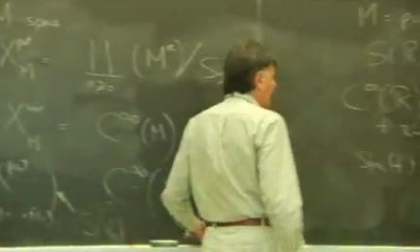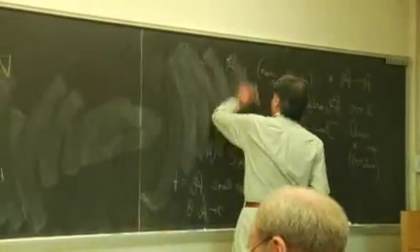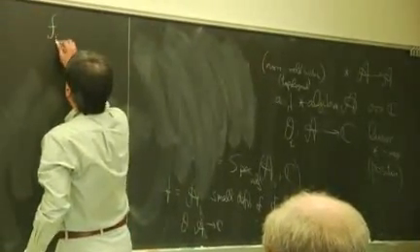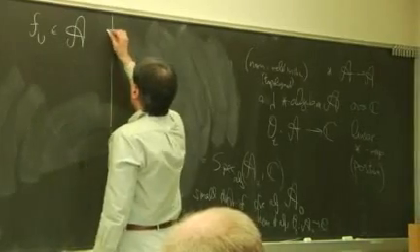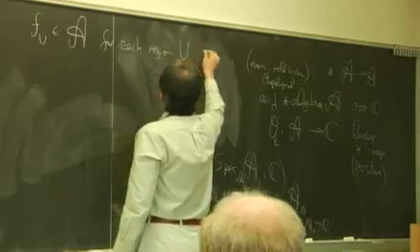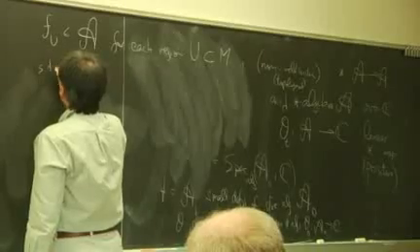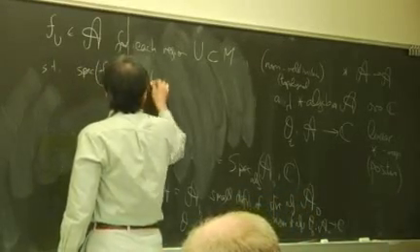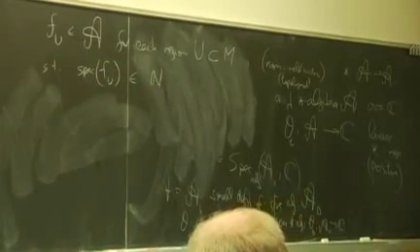Well, if we want to be able to see particles, then what we expect to see is that there should be some element fu in this algebra that we're constructing for each region u in M, such that the spectrum of fu is always a positive integer, and it's going to be the thing which tells us how many particles are in the region u.